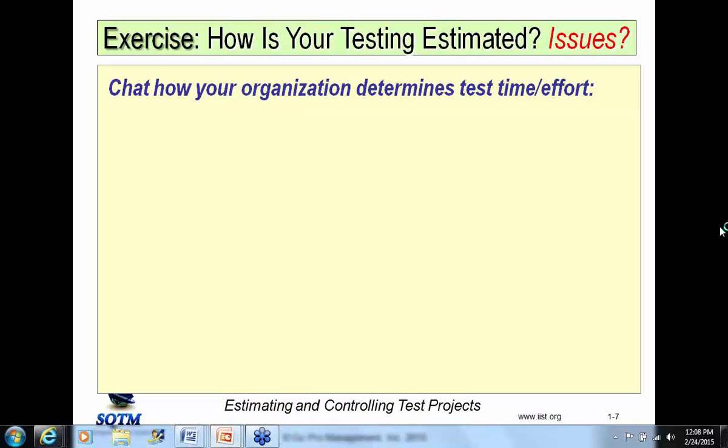In our organization, usually the time allocated is around 1/5 of development time. Okay, so 1/5 of development time, that's a kind of a rule of thumb approach.